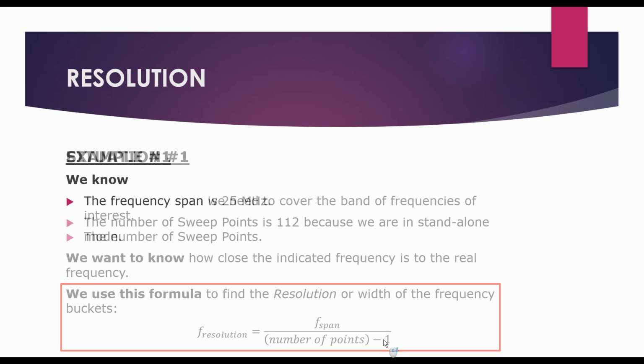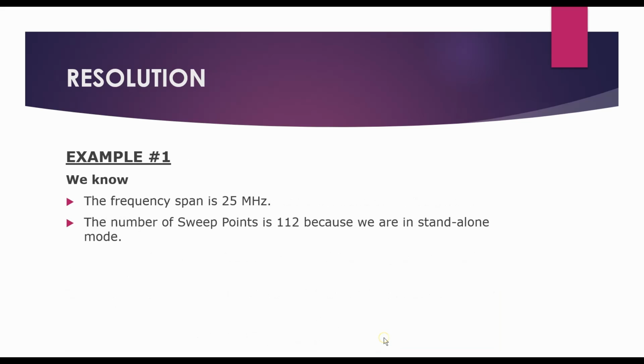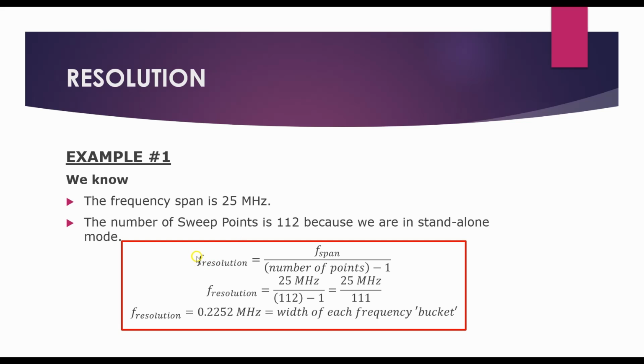So let's look at an example here. We know, for instance, in our given situation, that this signal is somewhere in a span of 25 megahertz. And we know the number of sweep points is 112 because we are in standalone mode wandering around in a field somewhere. So we take out the equation.